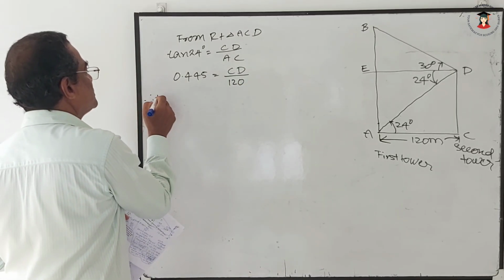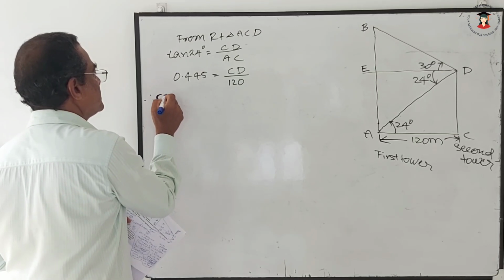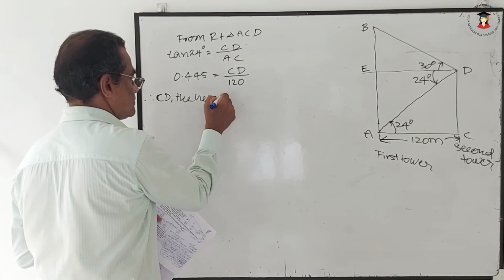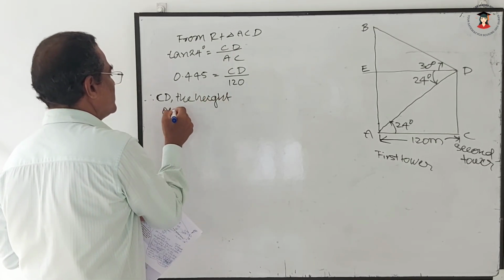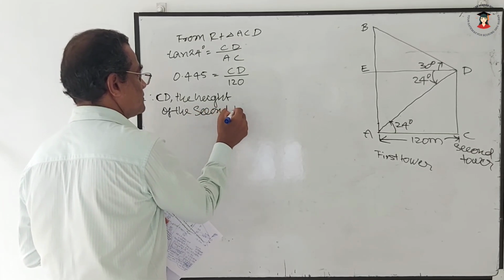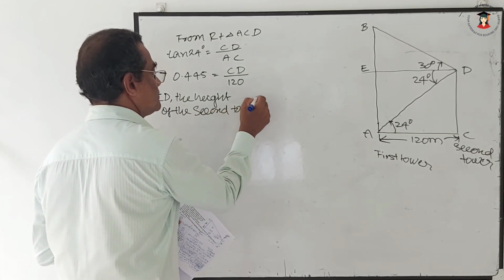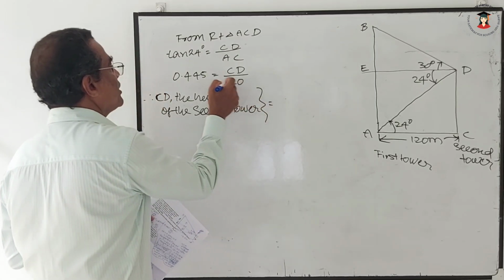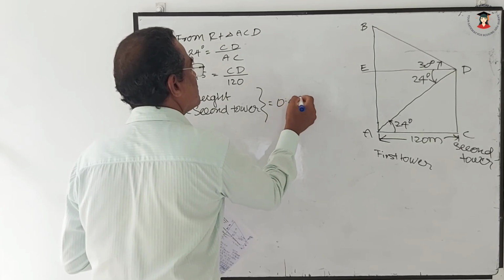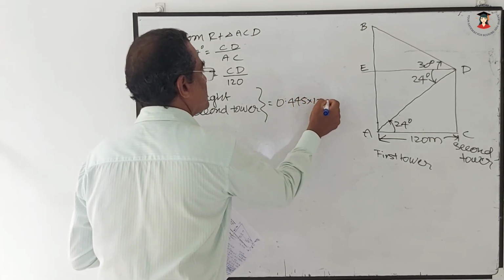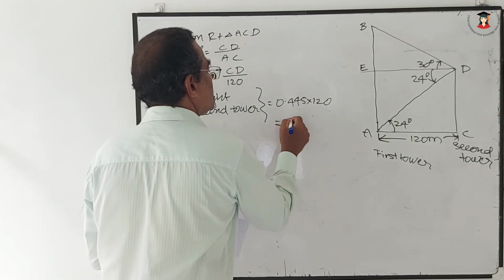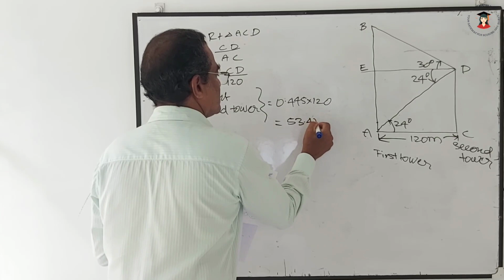Therefore, CD, the height of the second tower, equals 120 into 0.445, or 0.445 into 120. That is equal to 53.4 meter.